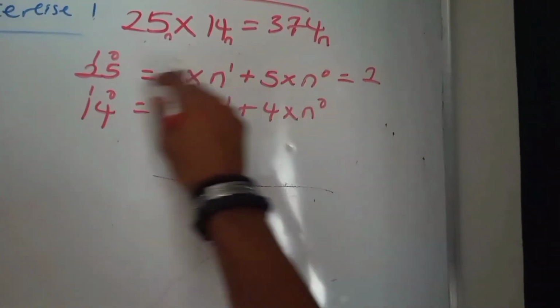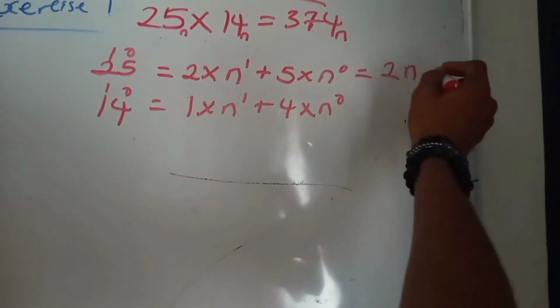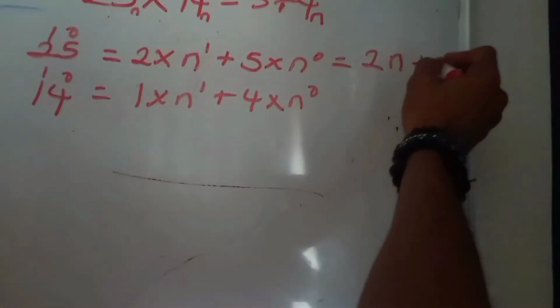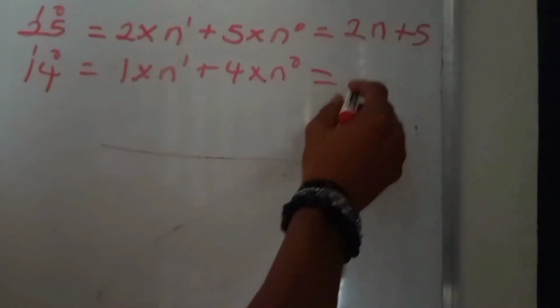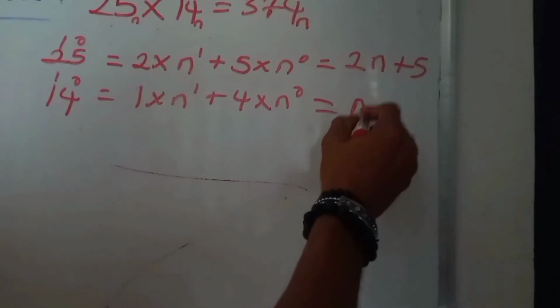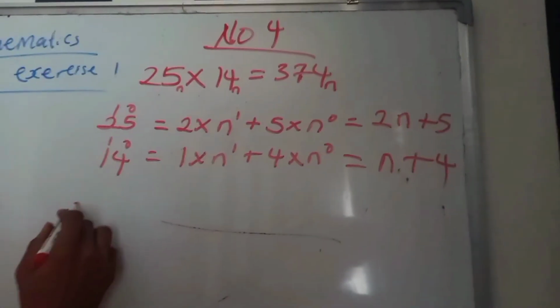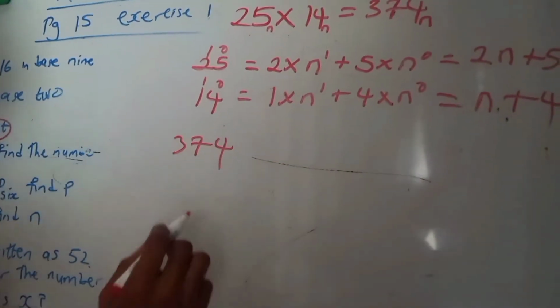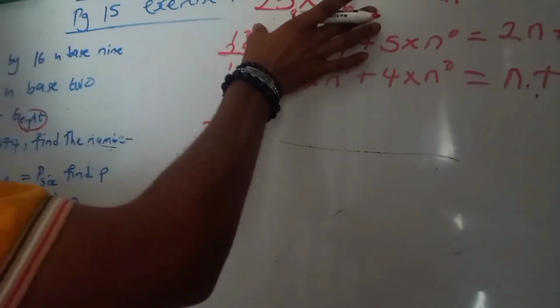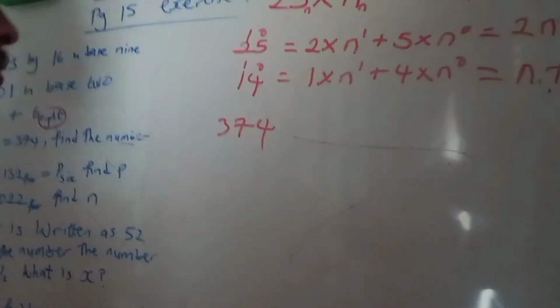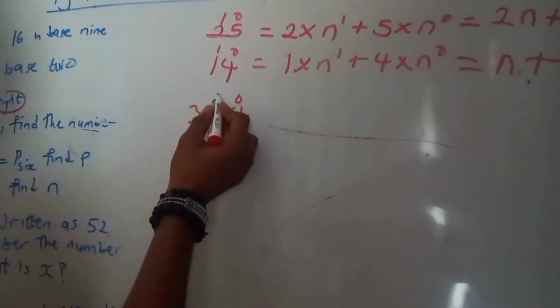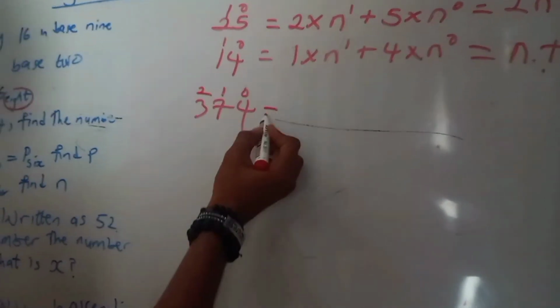So 25 is 2n plus 5, and 14 is n plus 4. Now for 374, I'm just doing expansion of this number in base n. All these things you've been taught in class.